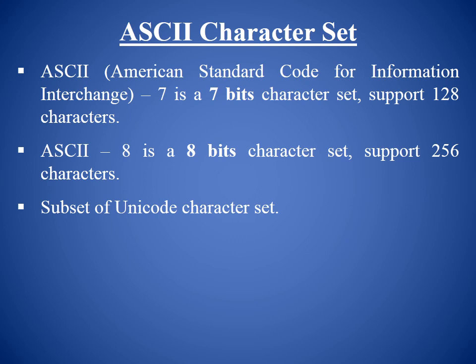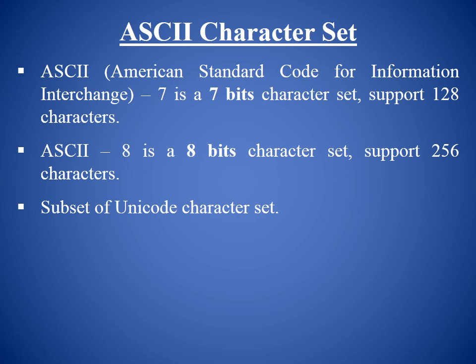Therefore, 2 to the power 7 gives 128 characters in ASCII 7. ASCII 8 is the enhancement of ASCII 7 and it supports 2 to the power 8, that is 256 characters, ranging from 0 to 255. All characters of ASCII also exist in Unicode, so ASCII is a subset of the Unicode character set.